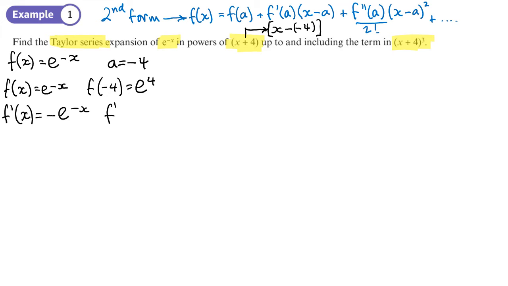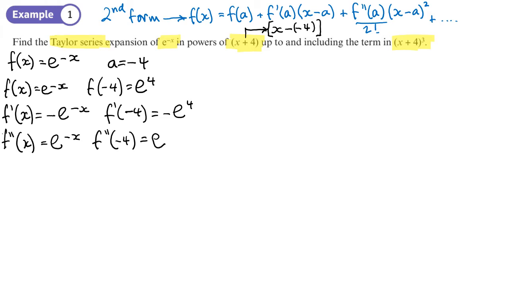Its value at -4 will be minus e to the 4. Then I differentiate again. That will give me e to the minus x, the same as the first term. I work out the second derivative's value at -4, because now this expansion is centered on -4 rather than 0. And that will give me e to the 4, same as the first term.